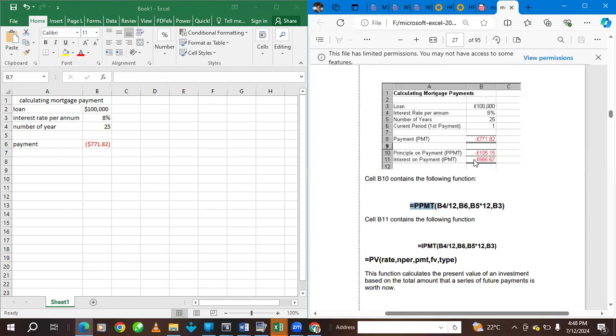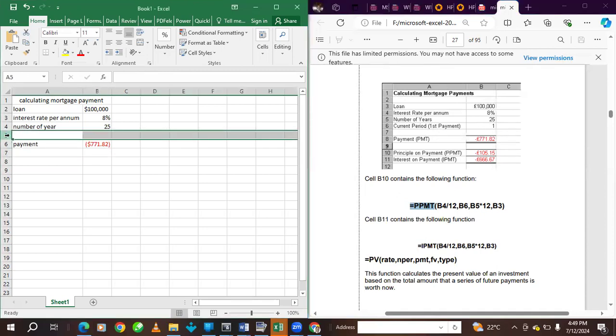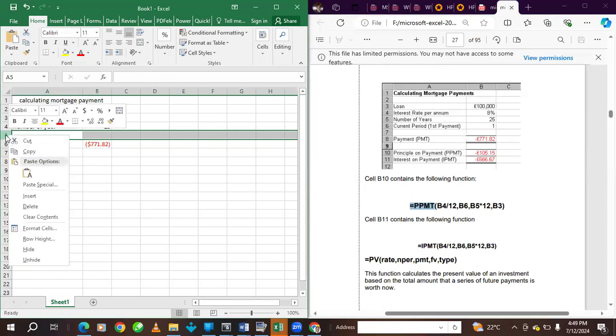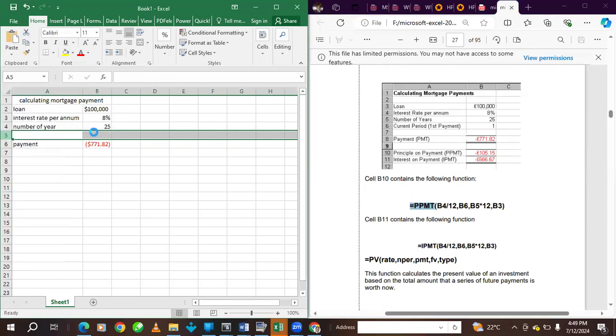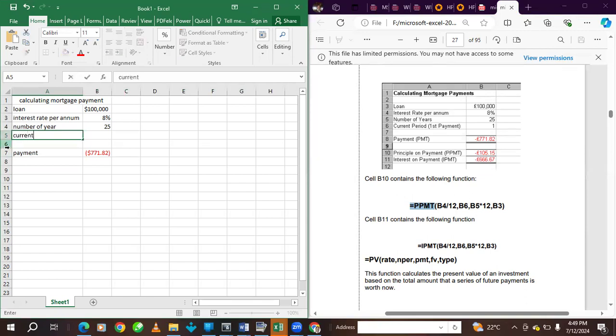For you to get the principal on payment, the same criteria applies now. But when you are counting the periods, you start with the first one. That's why I add here the current payment, the first payment made.